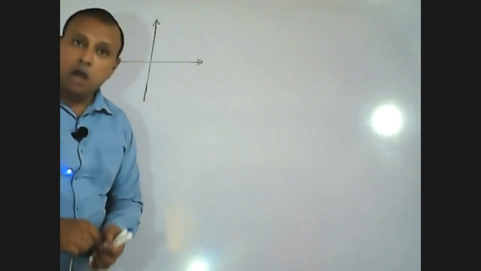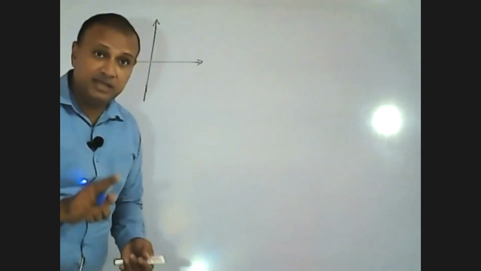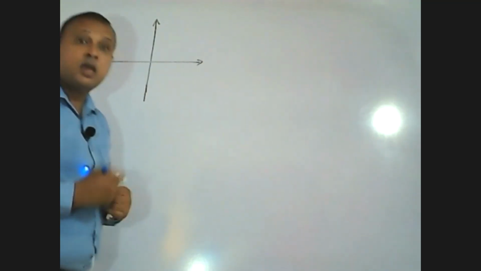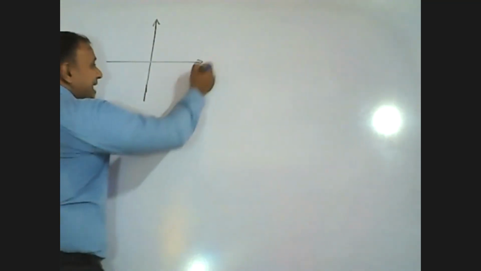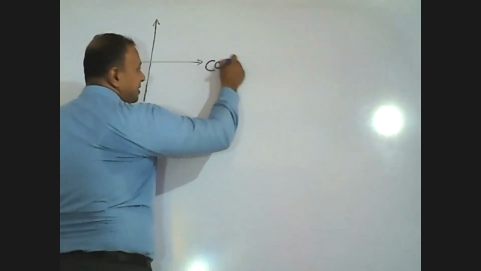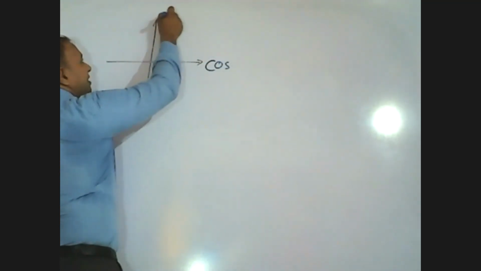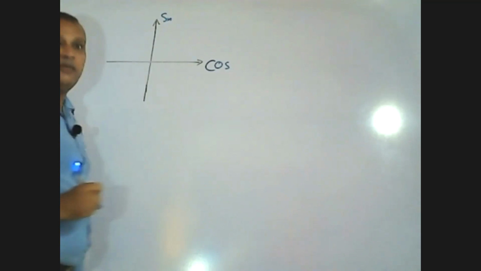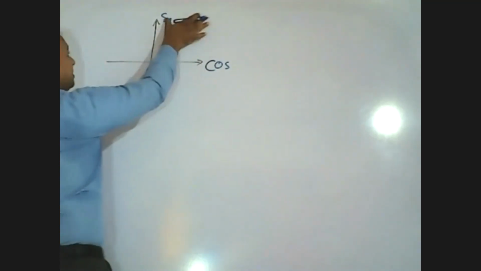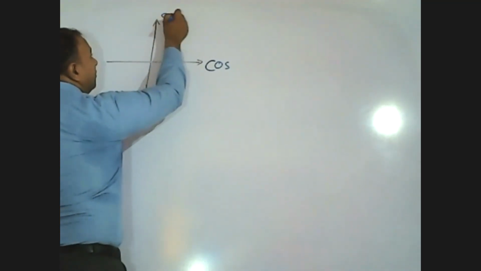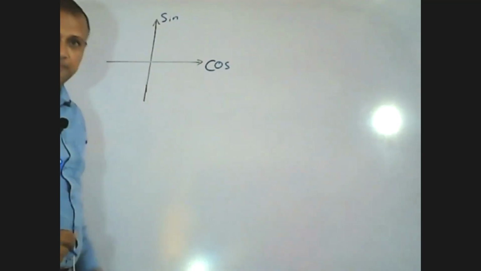So normally, due to that reason, we define the x-axis as the cos axis and the y-axis as the sine axis.